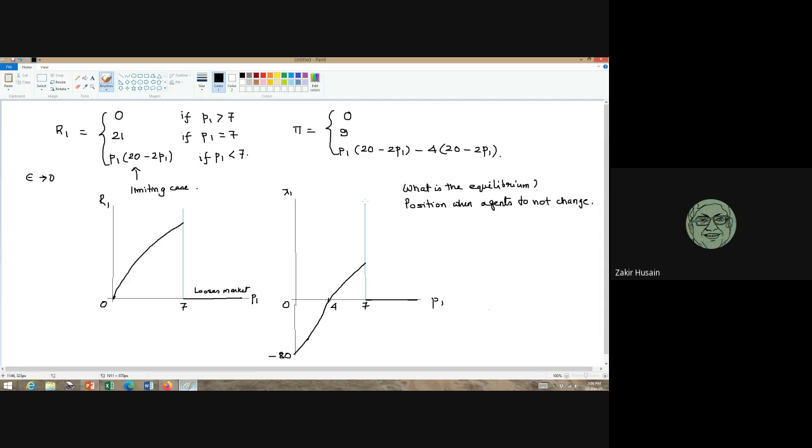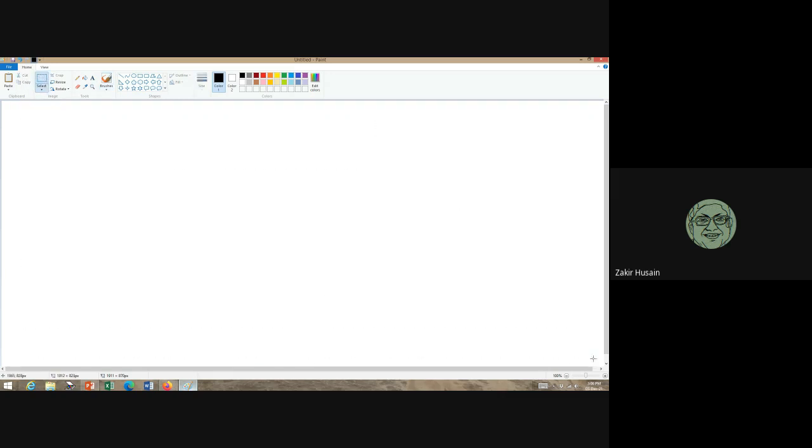Now suppose, for convenience, that price 1 introduces a price cut of 0.5 so that P1 becomes 6.5. So he's going to capture the entire market.